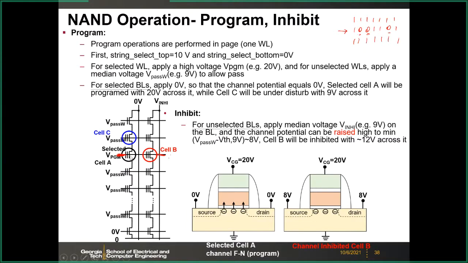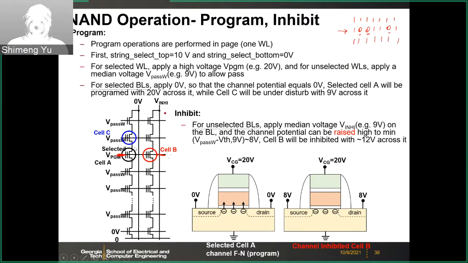Okay, so if you look at this example here, for this first string, this is a selected. This black one is a selected. And then for the second string, we don't want to change the data. This is unselected.